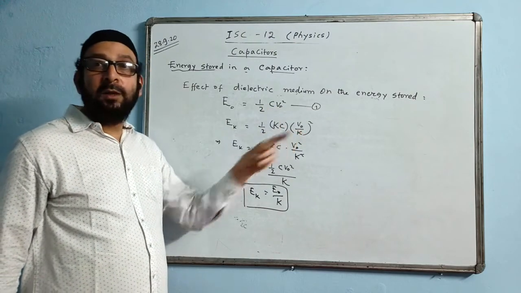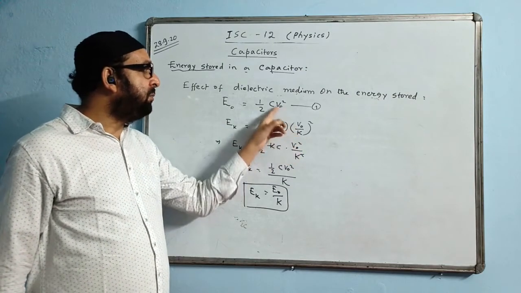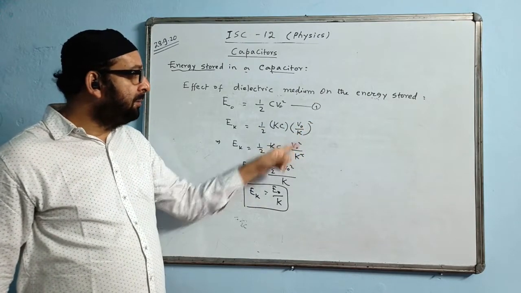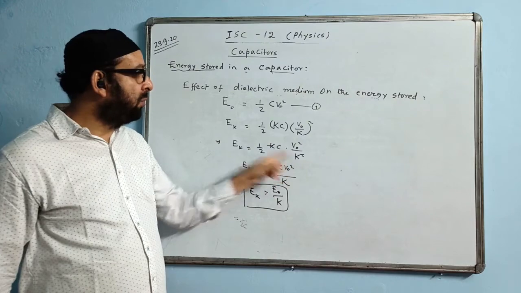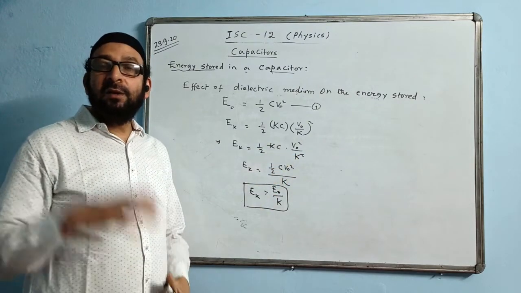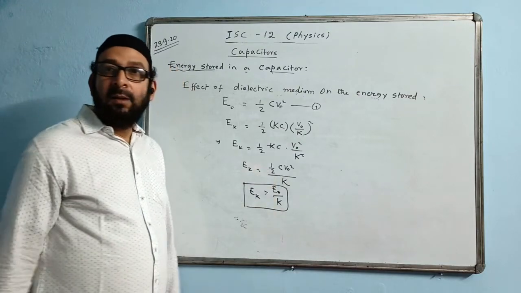What happens to the potential? Potential at the same time decreases by K times, or 1 by K times. And there is a square in it, that's why the denominator part comes as K squared. K cancels, one K is left over. That means overall the energy stored in the capacitor decreases by 1 upon K times.